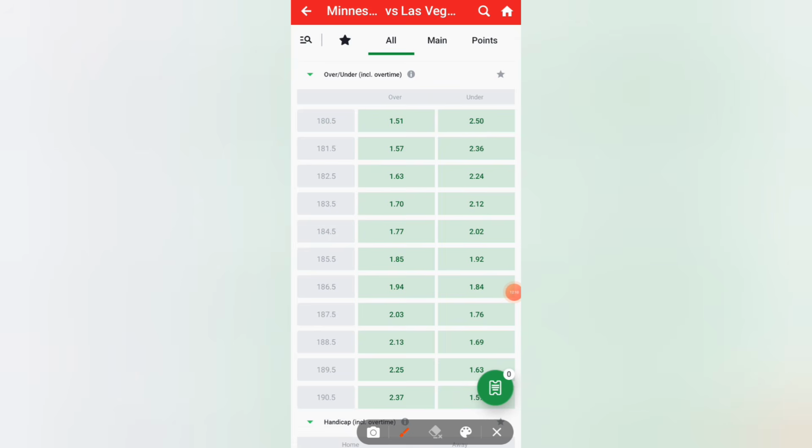So this seems to be the middle line. You can see the bookmakers are actually favoring over point. You can see this is the middle odd line.